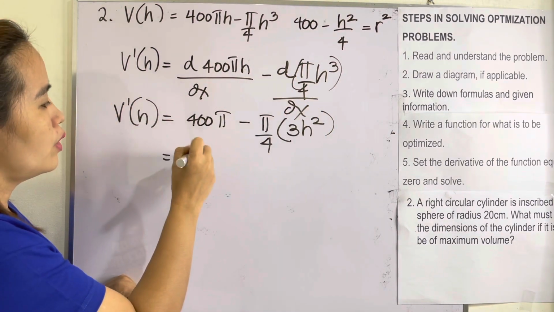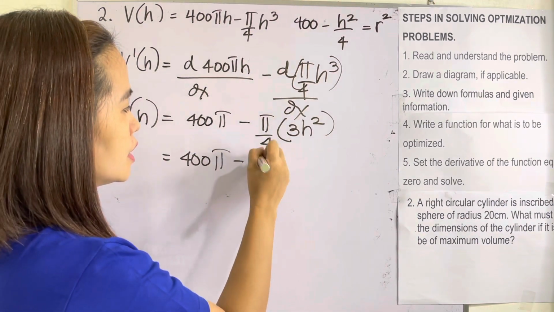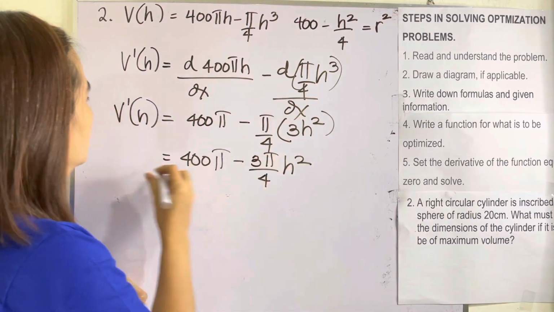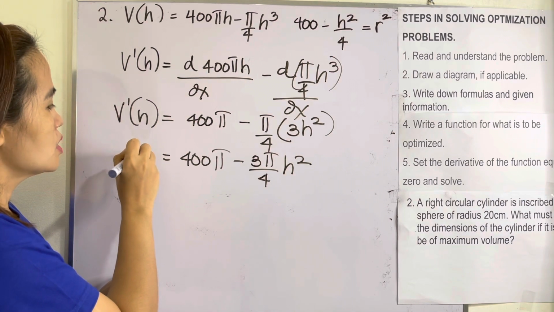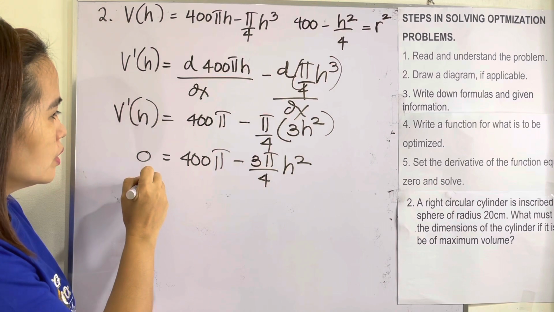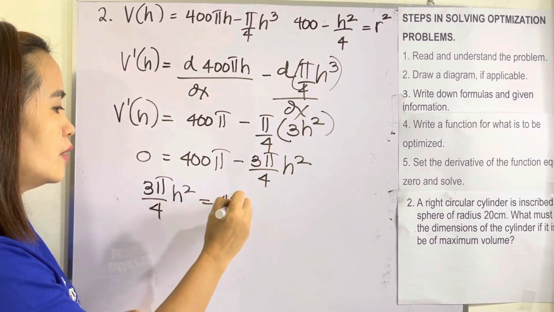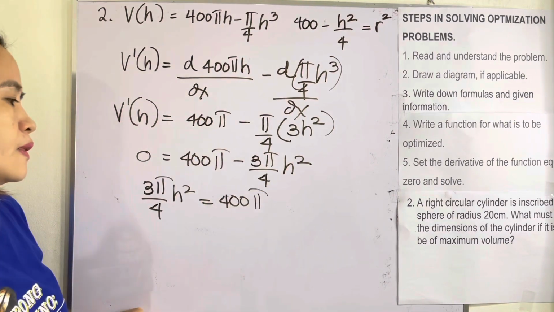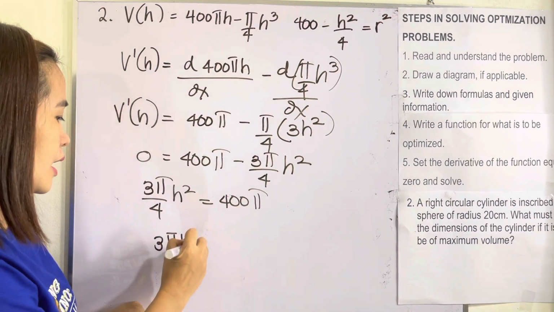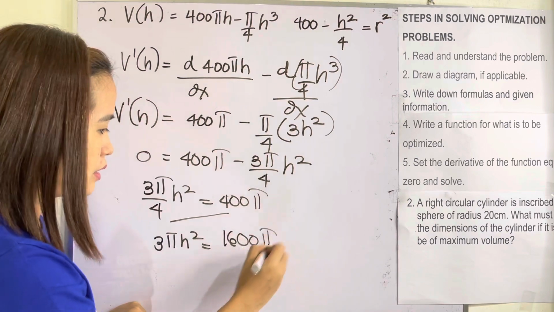So we have here 400 pi minus 3 pi over 4 h squared, and then we equate this one to 0. So we have now 3 pi over 4 h squared is equal to 400 pi. Okay, so we have 3 pi h squared is equal to 1,600 pi.